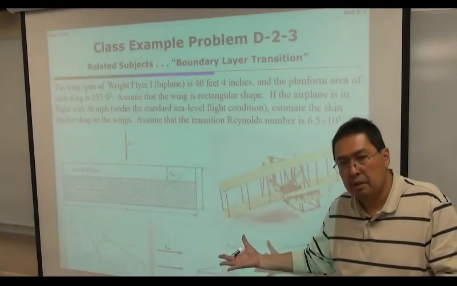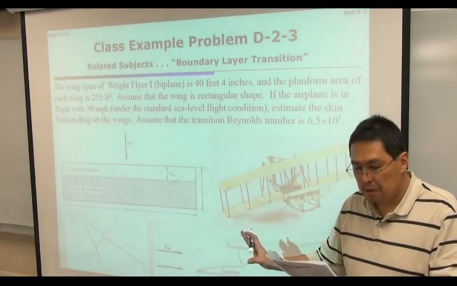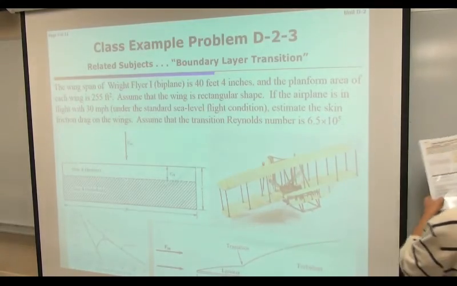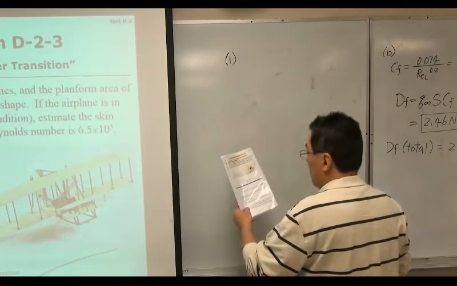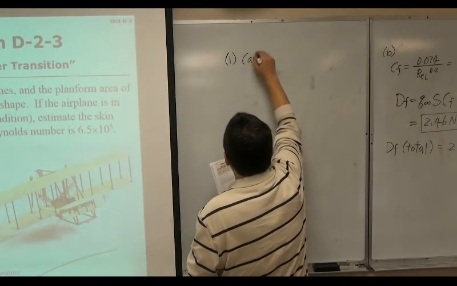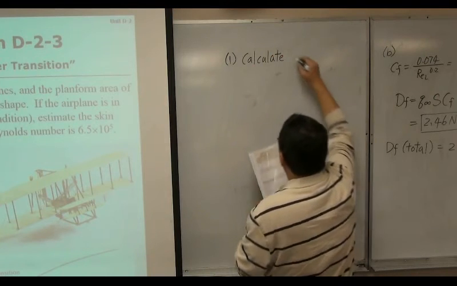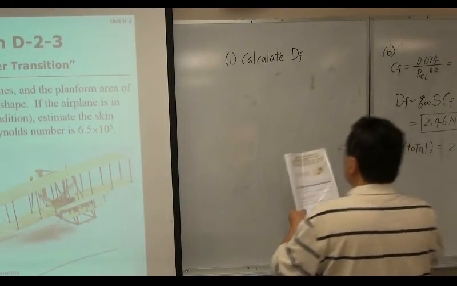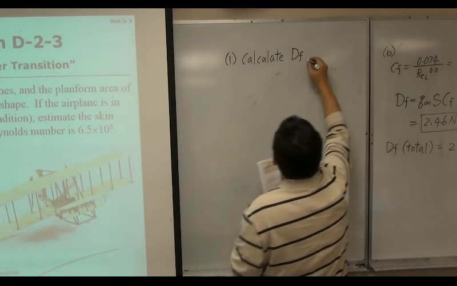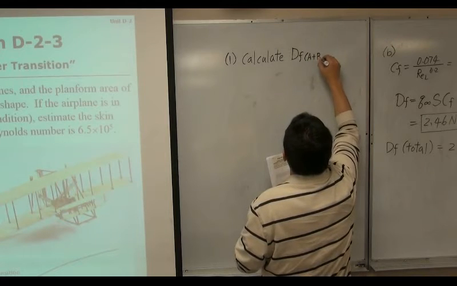This is actually one of the homework assignments, so I'm going to tell you the procedure of this analysis. Step number 1: let's calculate the skin friction drag force DF. Let's call this DF A plus B.